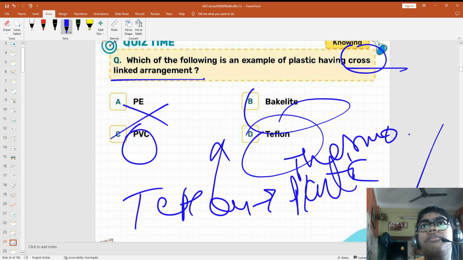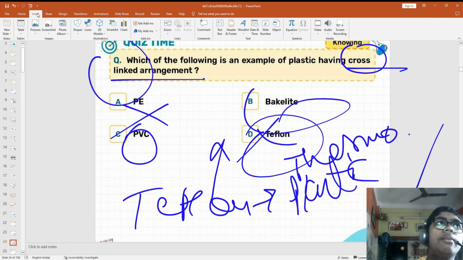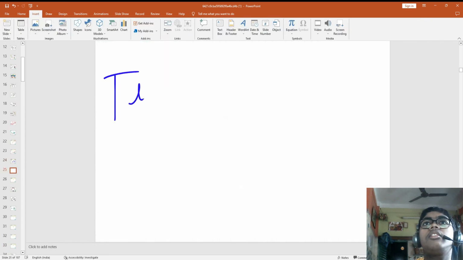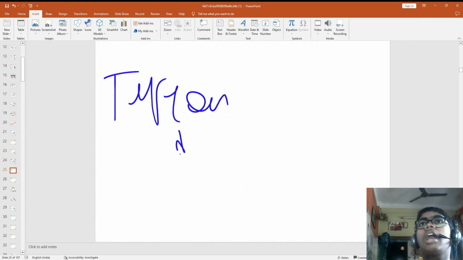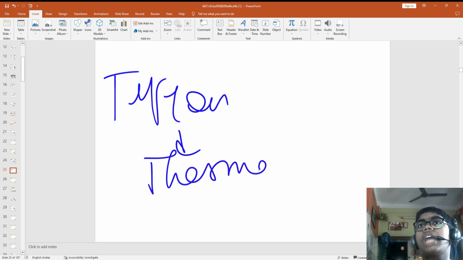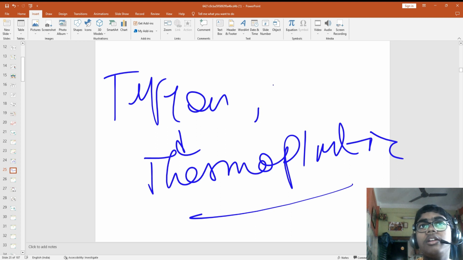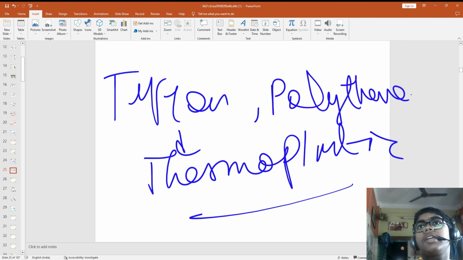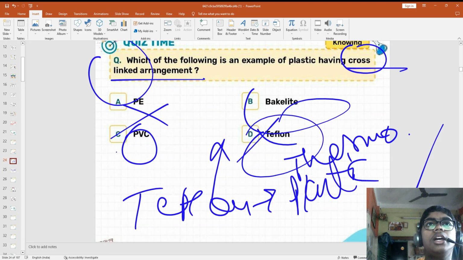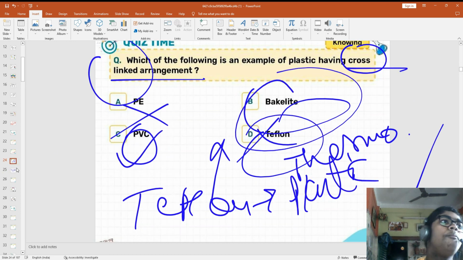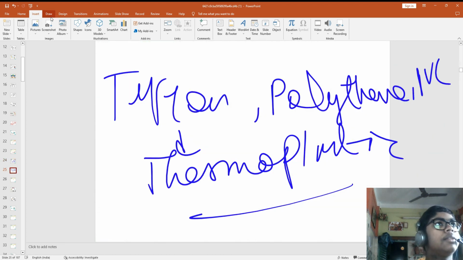But cross-linked was asked, which means thermosetting, so remove Teflon also. Remember this, Teflon is a thermoplastic. So one more example you got: Teflon, polythene and PVC. So the answer is bakelite.